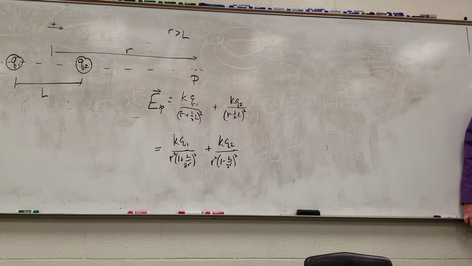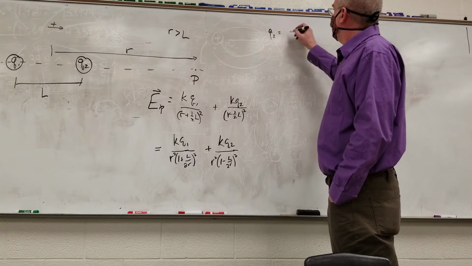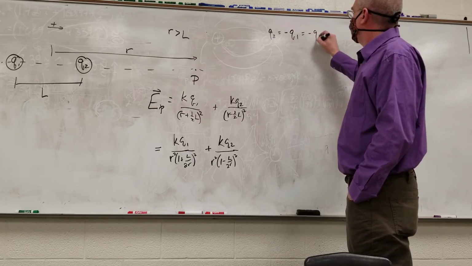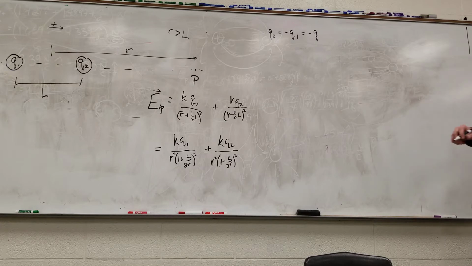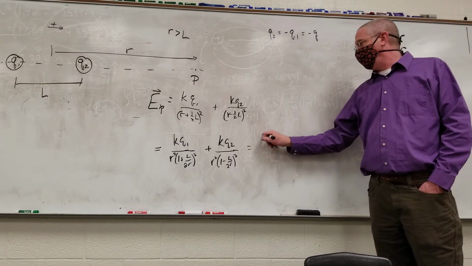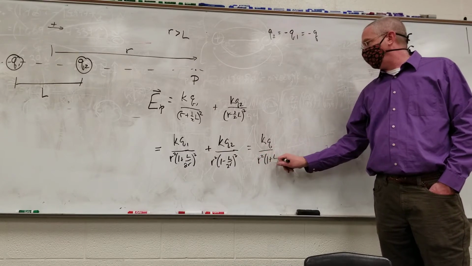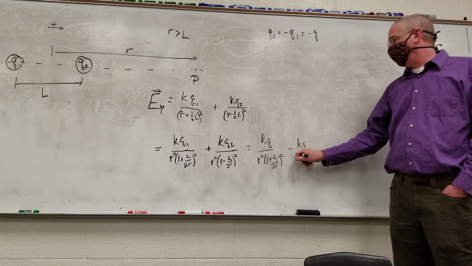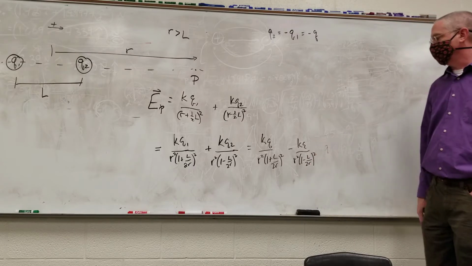So let's add some new restrictions here. Q2 is equal to negative Q1, which we'll just, since I'm directly relating them, drop some subscripts here. So this becomes kQ over R squared, 1 plus L over 2R squared, minus kQ over R squared, 1 minus L over 2R squared.